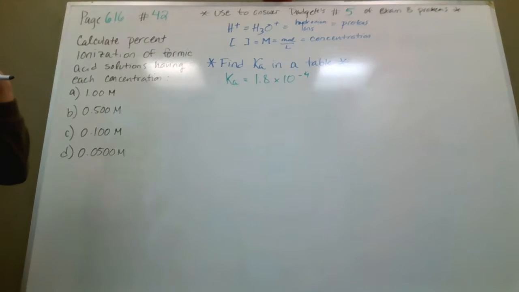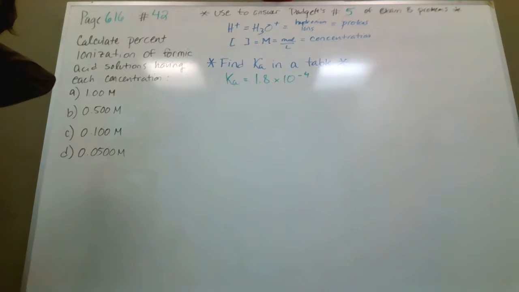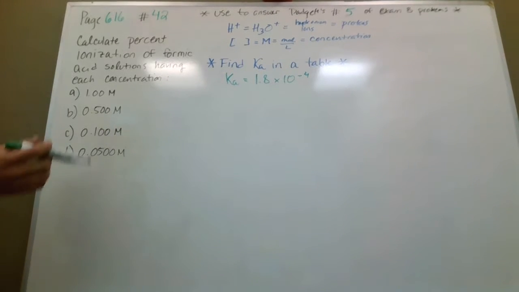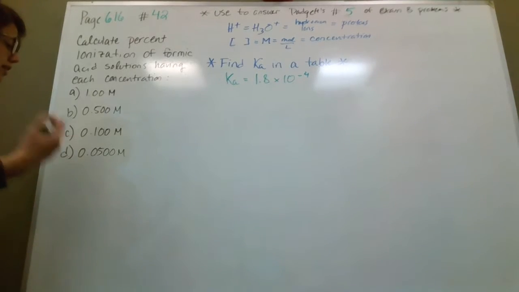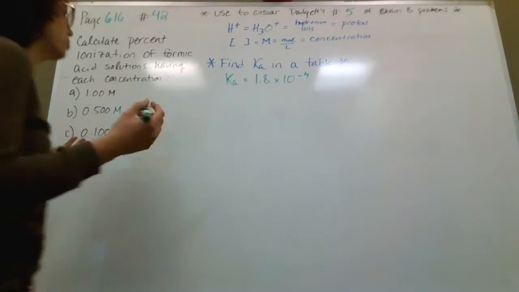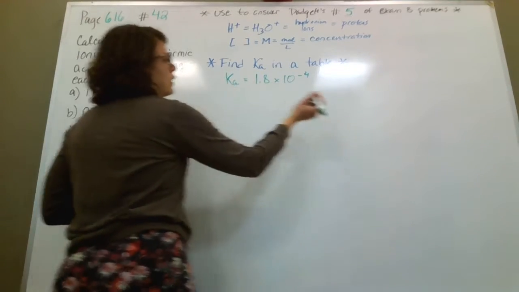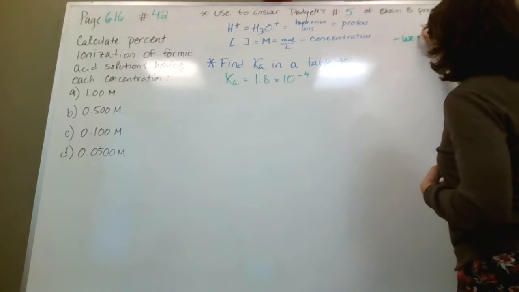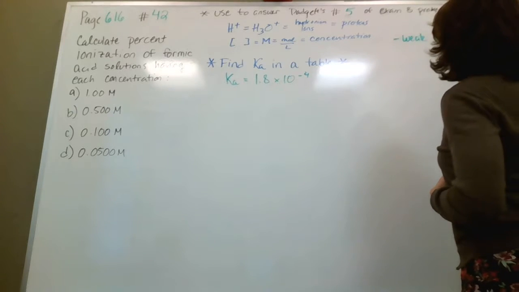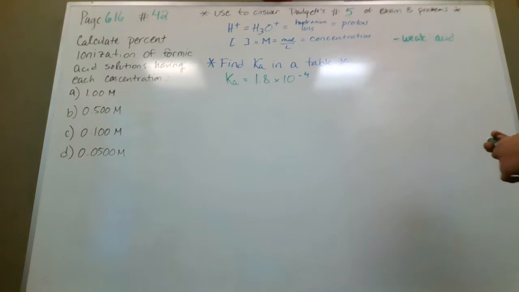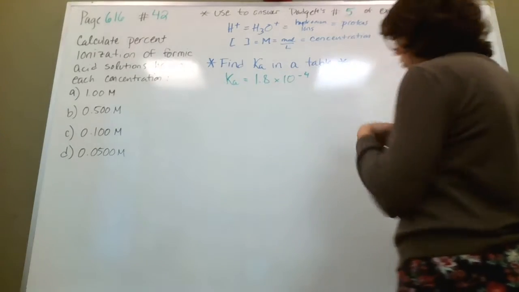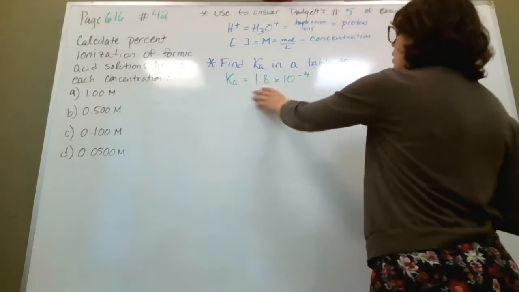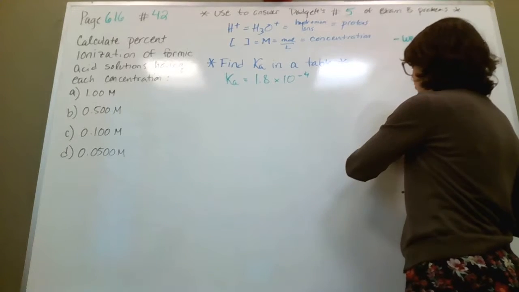If you don't recognize it, it's not in the strong acid list that you had to memorize, so therefore it's a weak acid, and we're not given Ka. For this problem, you'll have to seek the Ka in a table, or you could Google it, and you'll find it to be 1.8 times 10 to the negative 4.